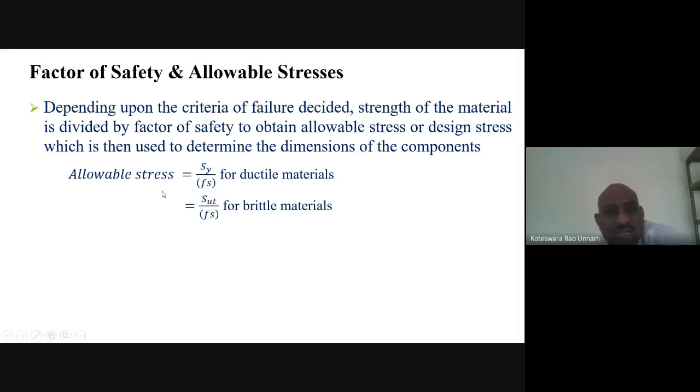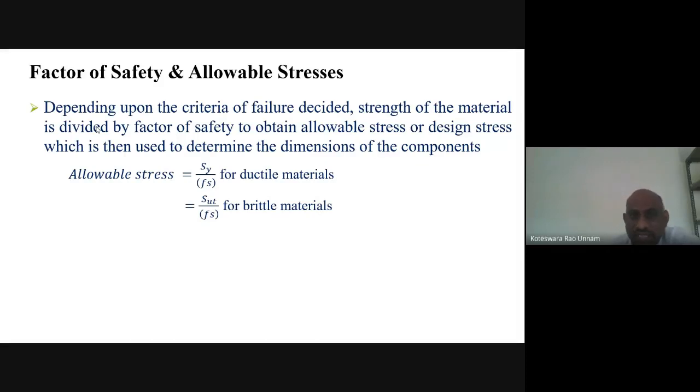Once we know how to compute the allowable stress, we need to check whether the design is safe or not. You take this allowable stress value and compare it to the individual stress value. If the individual stress is equal to or less than the allowable stress, we can say that the design is safe.